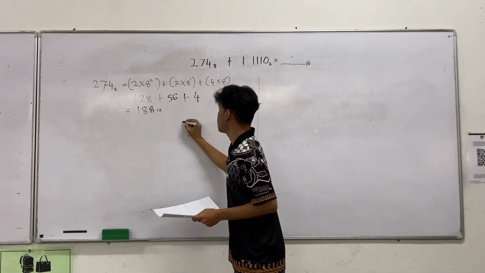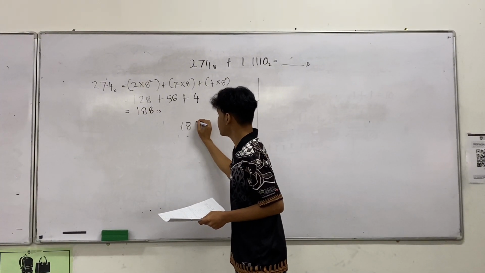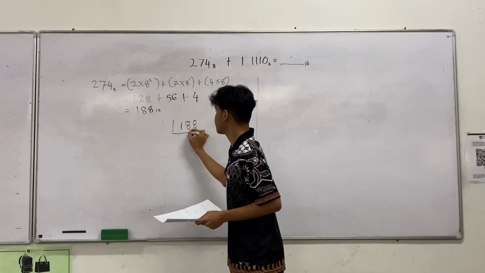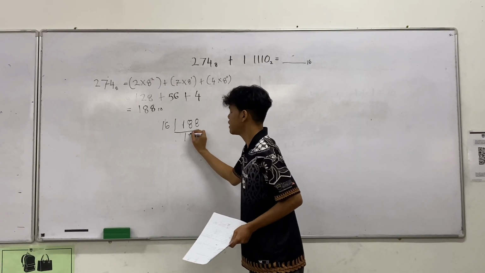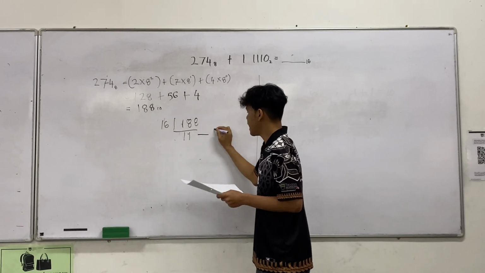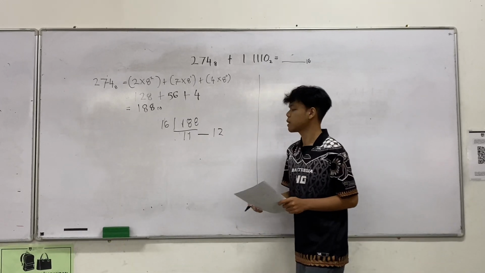So 188 divided by 16, and we will get 11 remainder 12.